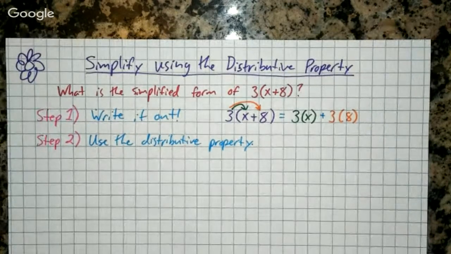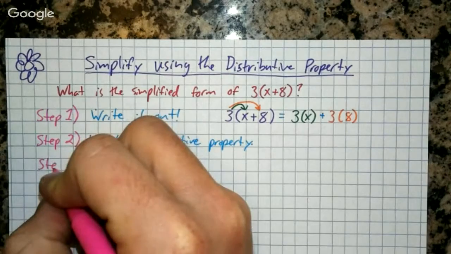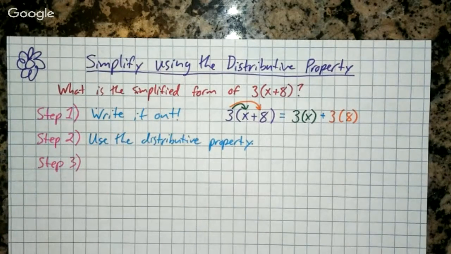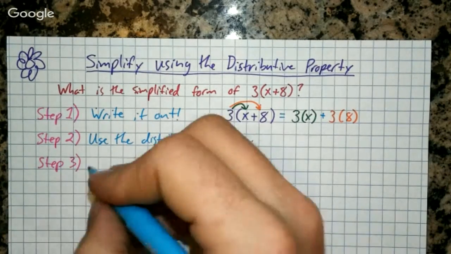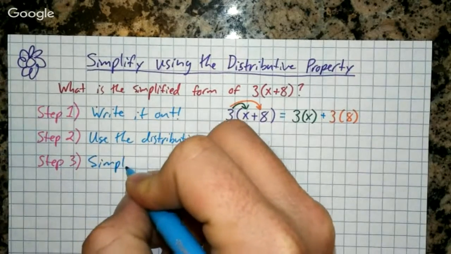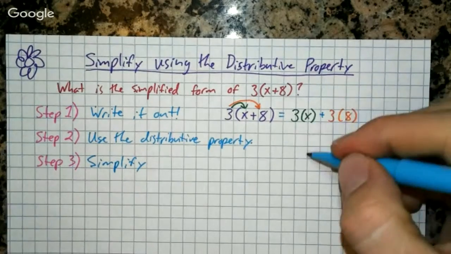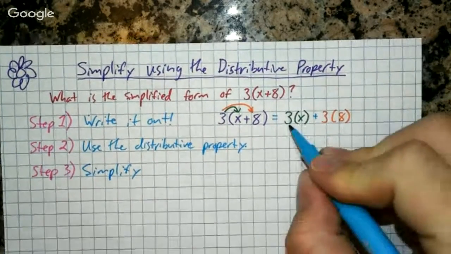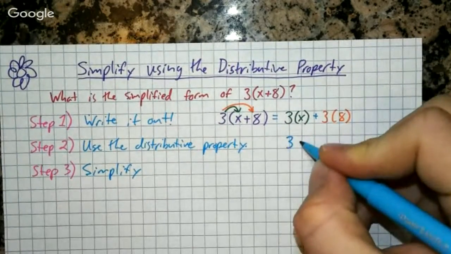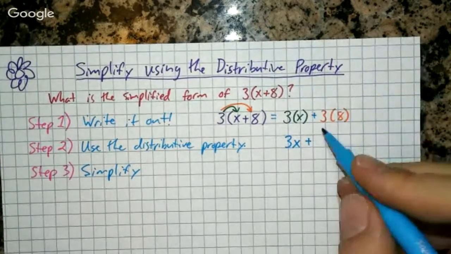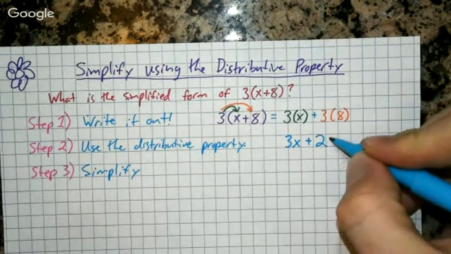All right, and then finally, we go to our step 3. And in step 3, we simplify. As always, we'll simplify. So I'll just drop down here as I'm simplifying. 3 times x will be 3x plus 3 times 8 is 24.